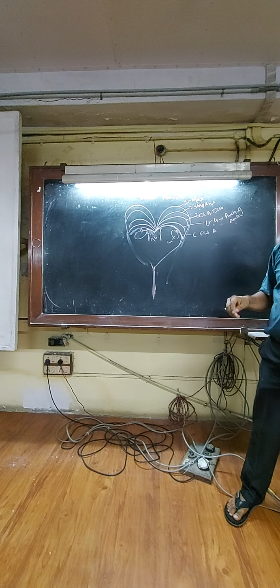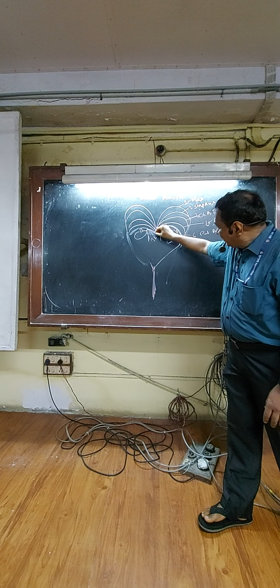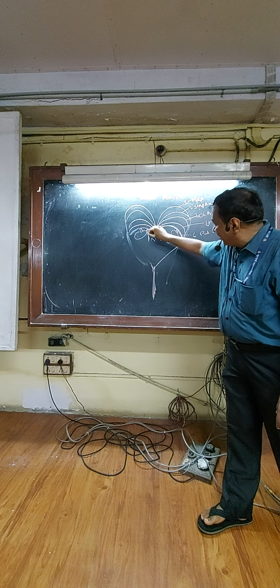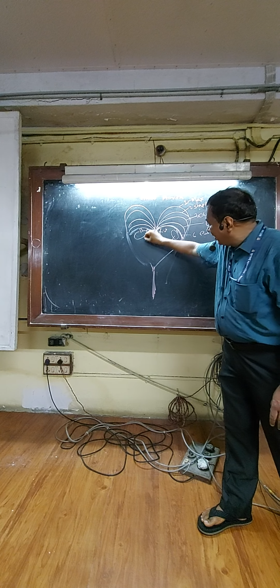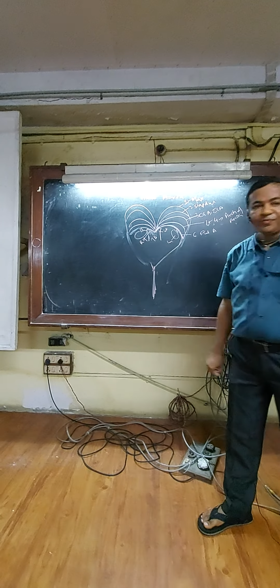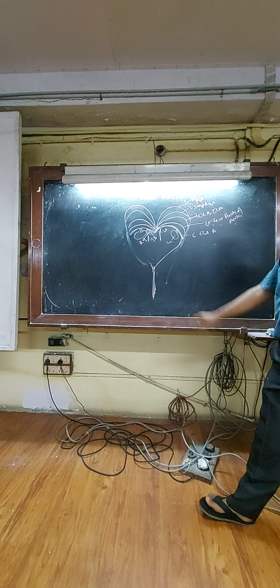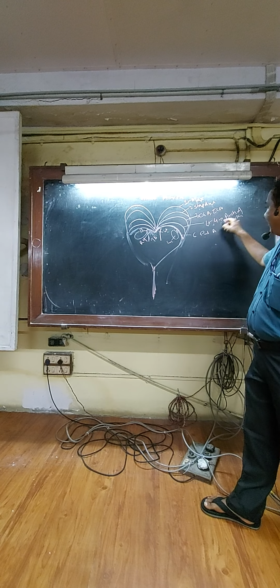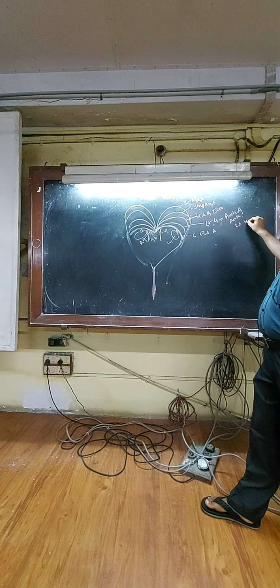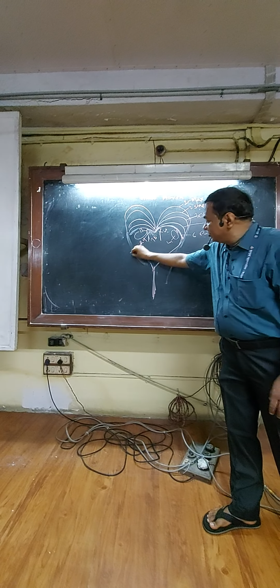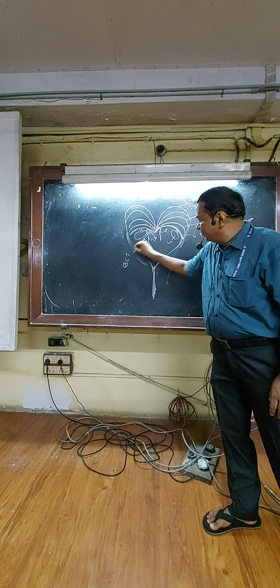Now this arch of aorta also, I said that these arches, their lower parts unite to form the left horn and the right horn. The left horn contributes to the arch of aorta, and the right horn forms the brachiocephalic trunk.